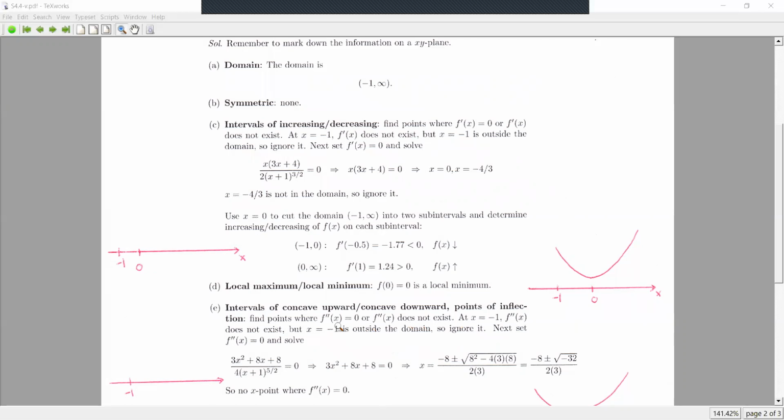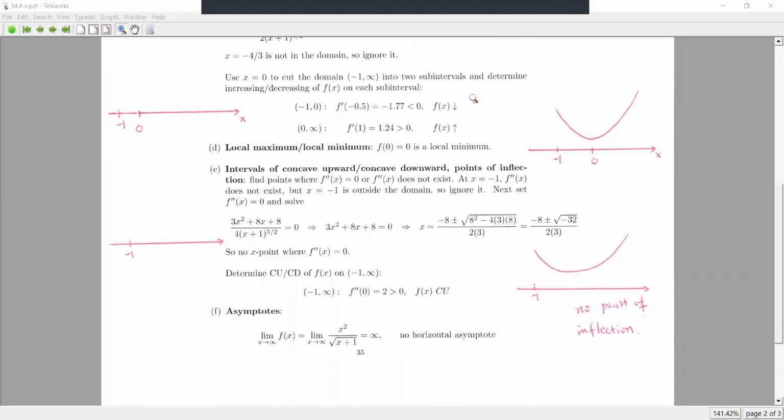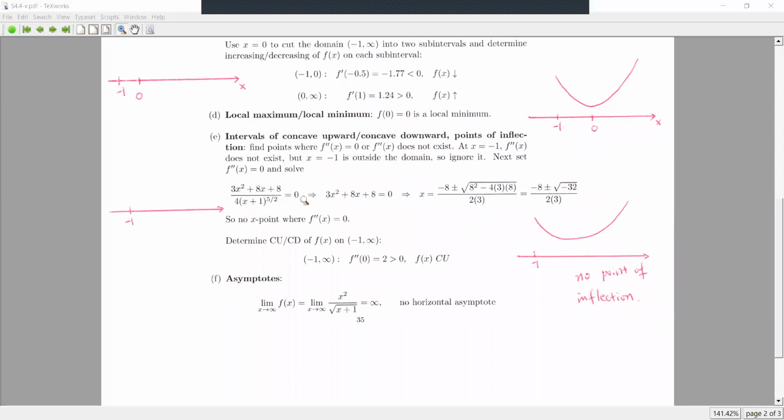Okay, now the points where the second derivative is 0. Set the second derivative to 0. Then solve this equation. Move the denominator to the right to get this. To find the solution of this equation, I use the quadratic formula: negative b plus or minus the square root of b squared minus 4ac, all over 2a.